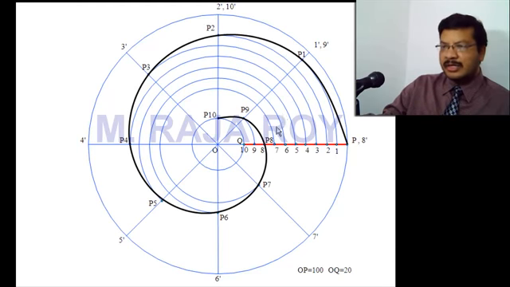Now, how to draw the tangent and normal for this? I am taking a point somewhere here for drawing the tangent and normal. For finding the tangent and normal, you have to calculate the constant of the curve.